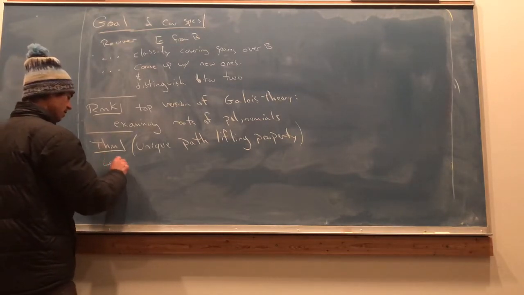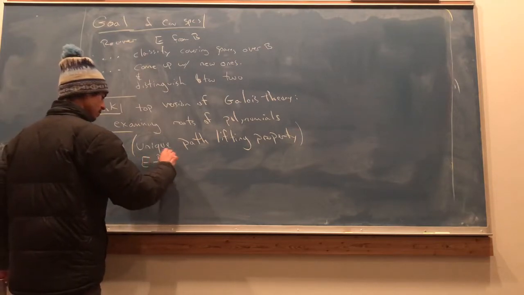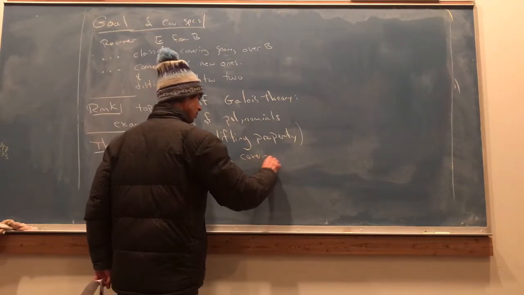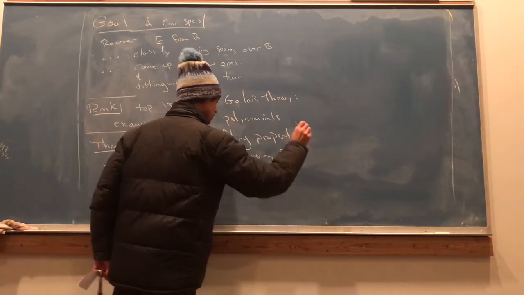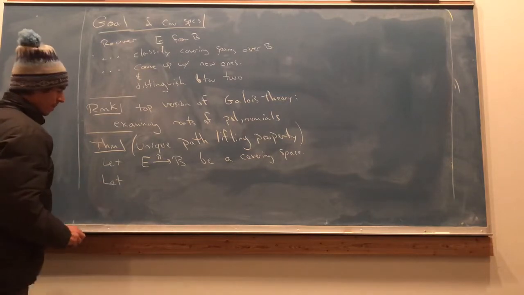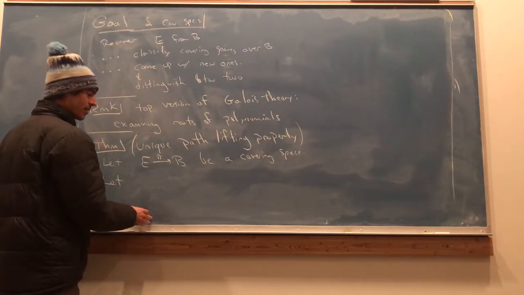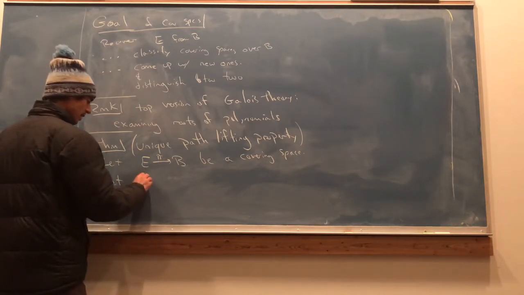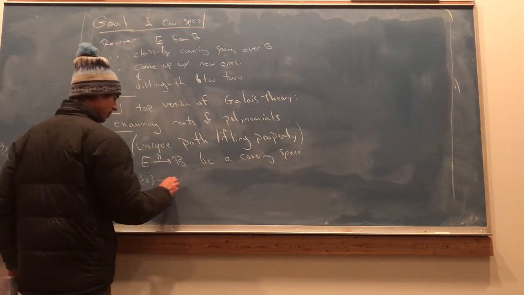So let that be a covering space. I'll write it out diagrammatically, and then I'll comment on it. So let this be a commutative diagram.